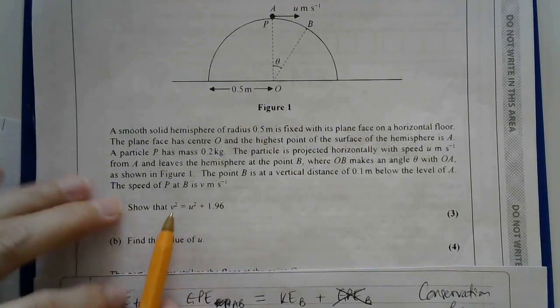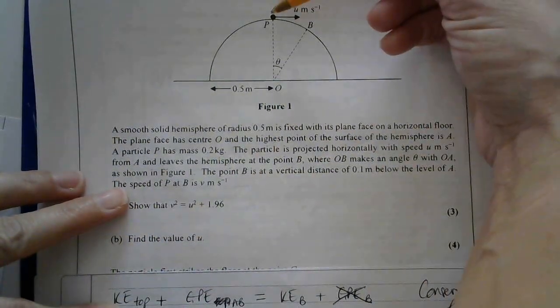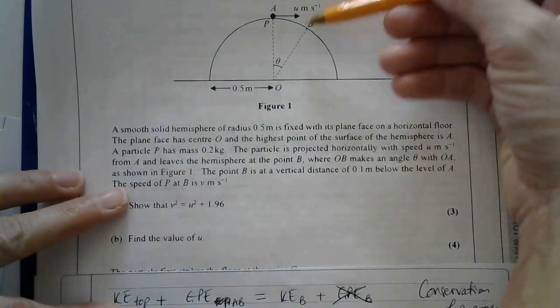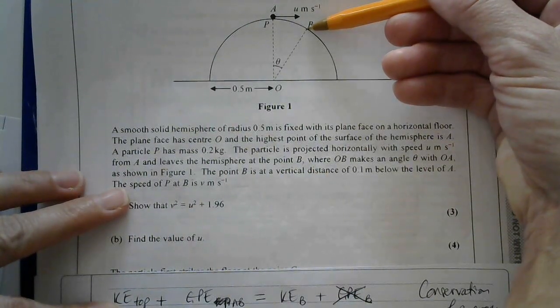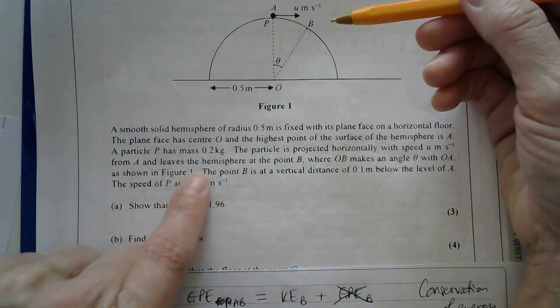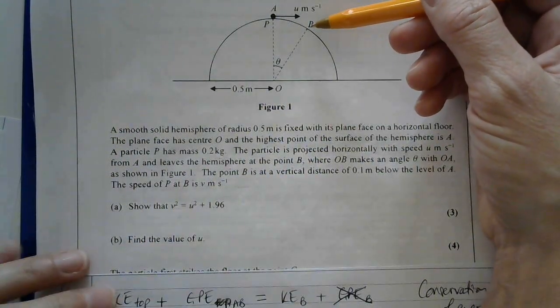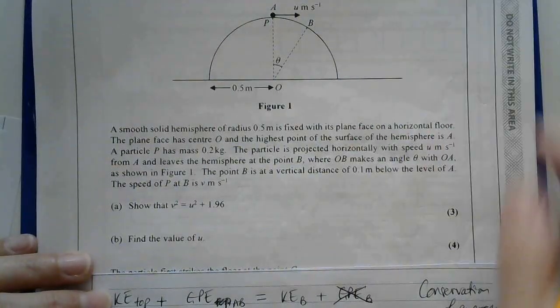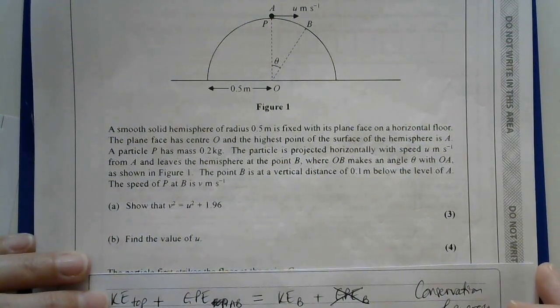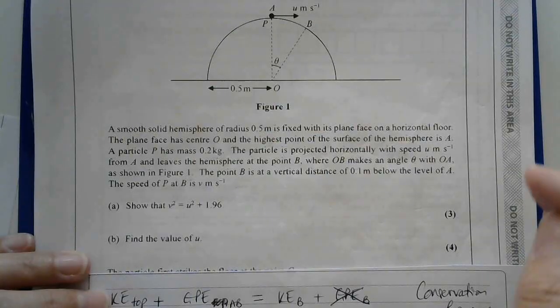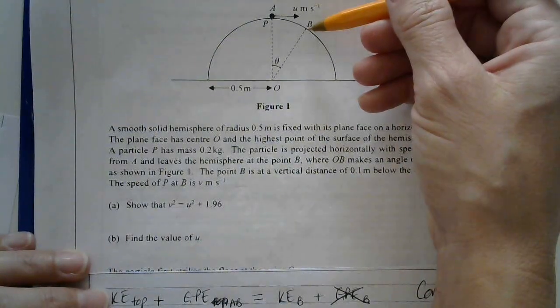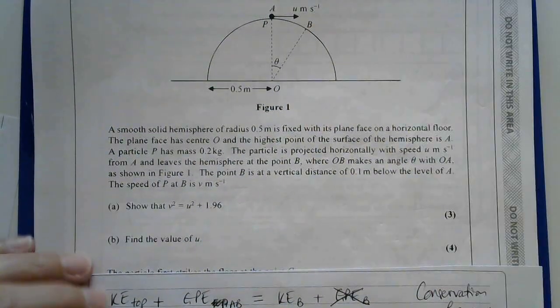Well, they told me what was happening here, and the only other important position they talked about was this position B. And they said that the particle leaves the hemisphere at B, and so that tells me that at that point the reaction force will be 0, and so therefore the only force acting on it will be the weight, which will be acting straight down.